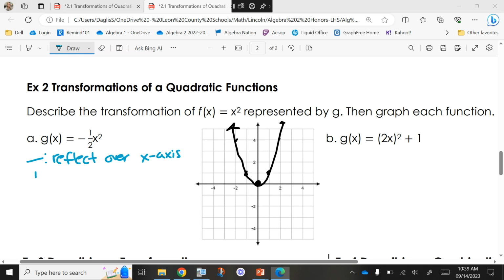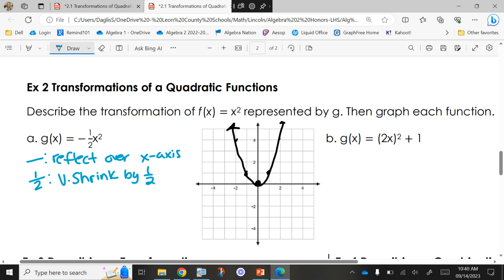And then the 1/2 is showing me what? It's not in parentheses, so it's out front of the whole thing. A vertical shrink. Good. By 1/2. So I know it's going to be flipped upside down, and a vertical shrink means it's going to get wider.